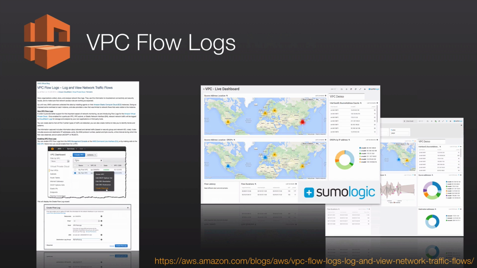There's just one illustration there of a partner solution from an AWS management partner, Sumo Logic. They were very quick to provide a beta version of a real-time visualization tool for VPC flow logs just a couple of days after this feature was announced back in June. If you want more on that, check them out at sumologic.com, and you can find Jeff Barr's original blog post about VPC flow logs if you check out the URL at the bottom of this slide.